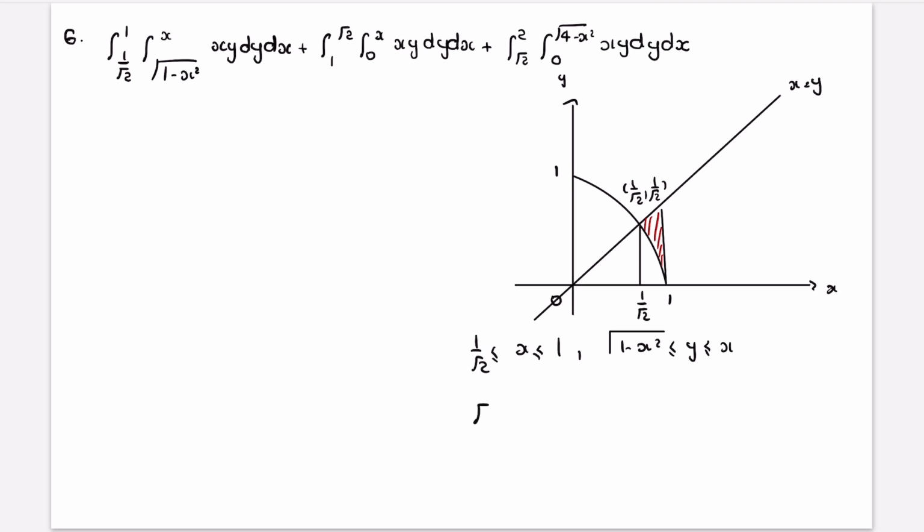h is between 1 and root 2, and then y is between 0 and h. So h is between 1 and root 2, so we need to draw another line at root 2. Yeah, h is between that part.